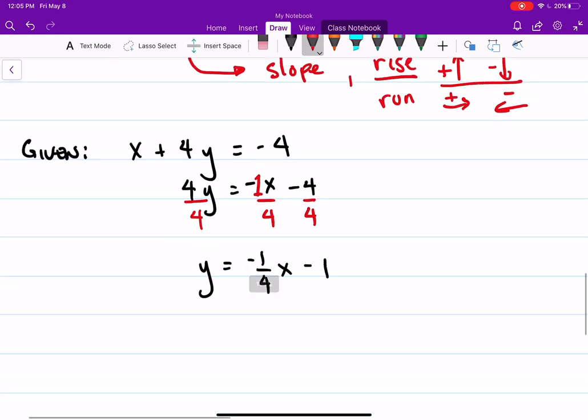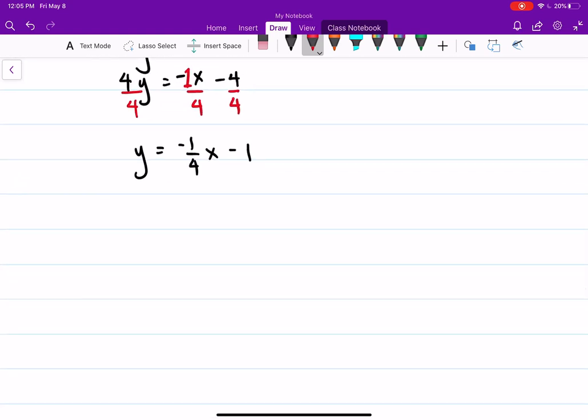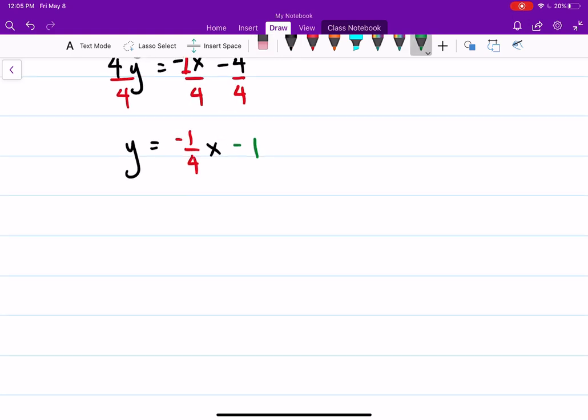Okay, so now I got this equation here. Again, I want to tell you that the slope is negative 1/4, which means that I'm going to go down 1 and go right 4, because the 4 is positive, so I go right.